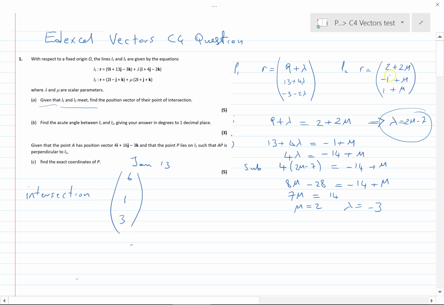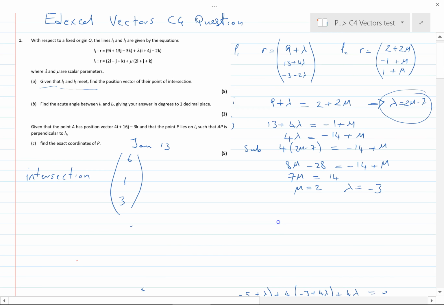And as a quick check, I would put mu is equal to 2 in here, 2 plus 2 times 2, which is 6, minus 1 plus 2, which is 1, and 1 plus 2 is 3. So we know we're right, so that's nice, easy 5 marks.